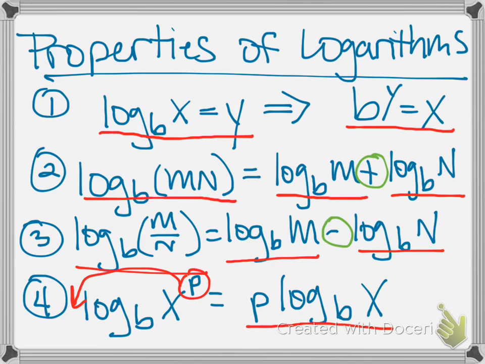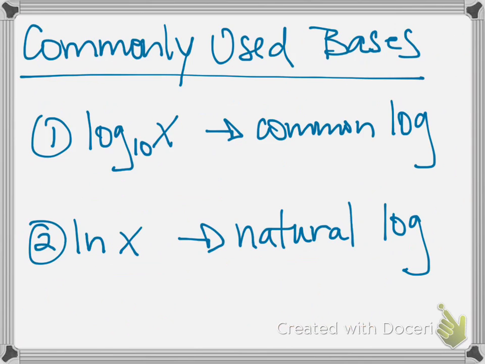Instead of having p as our exponent, p is now being multiplied out front by the log base b of x. And notice that there is no exponent here anymore. It's just become 1 now. So these are 4 properties that you need to be comfortable with so that you can perform these transformations with logarithms successfully.